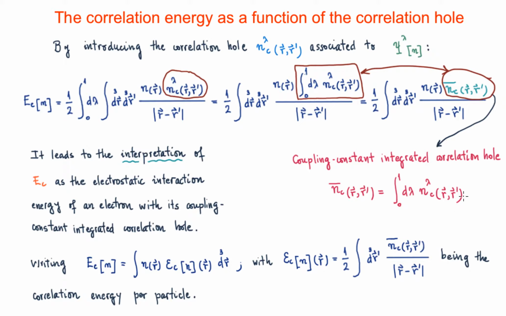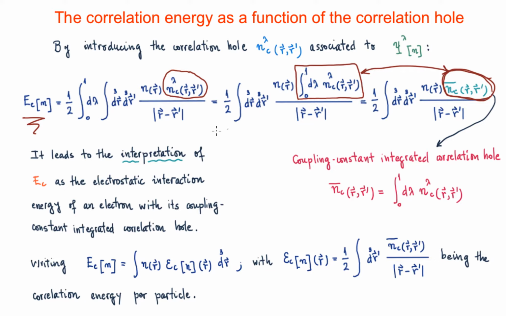Considering that, we are able to write all the contributions to the correlation energy functional, both the kinetic and the potential energy contributions, in a similar way as we did for the exchange contribution, but in terms of this coupling constant integrated correlation hole.